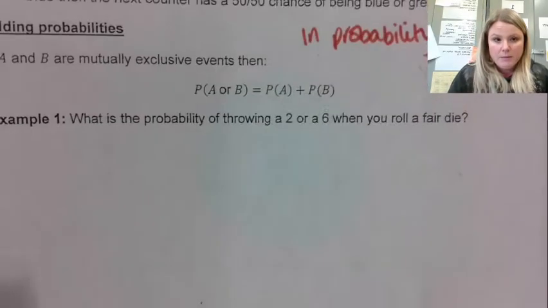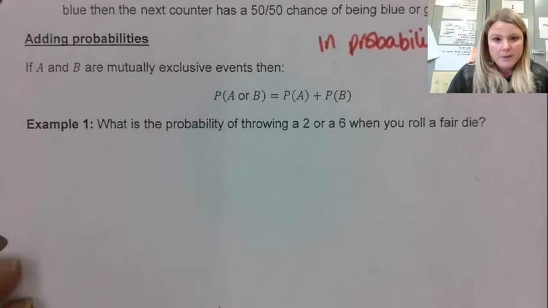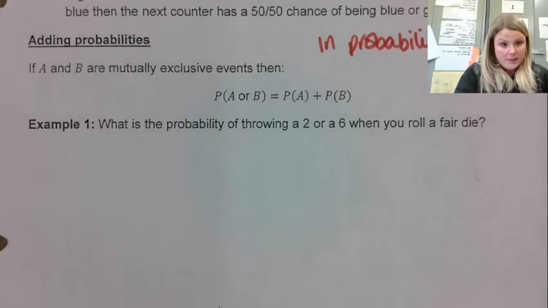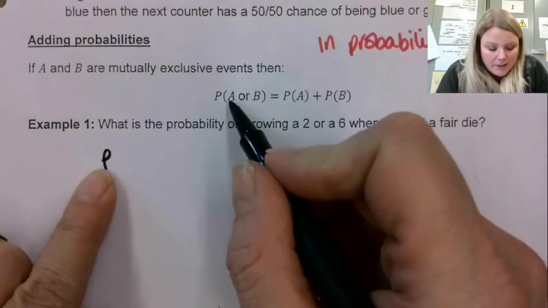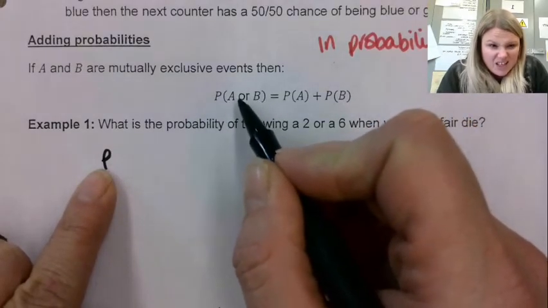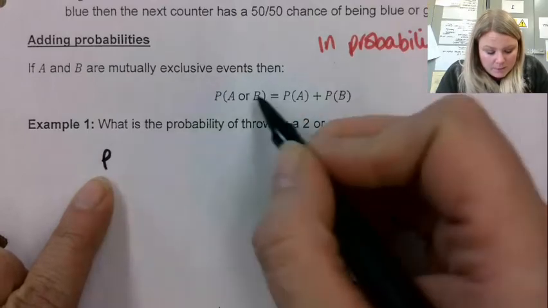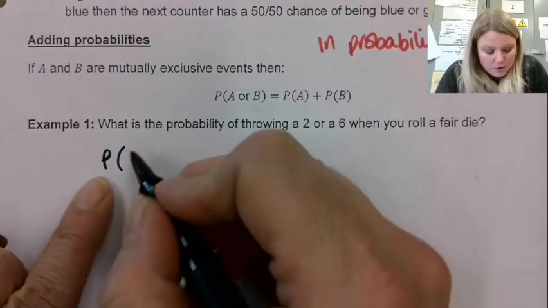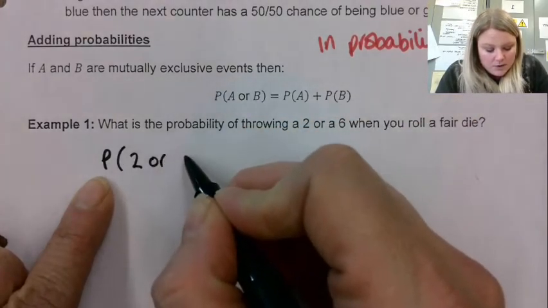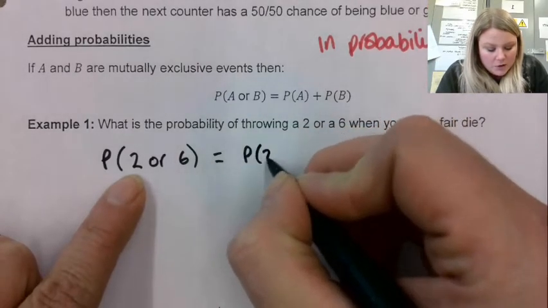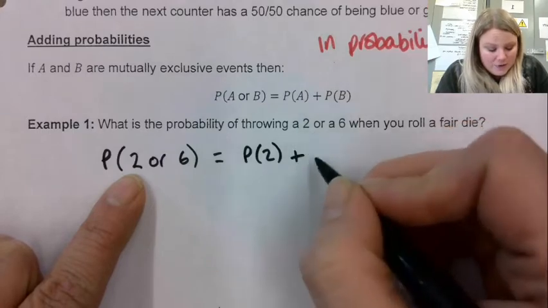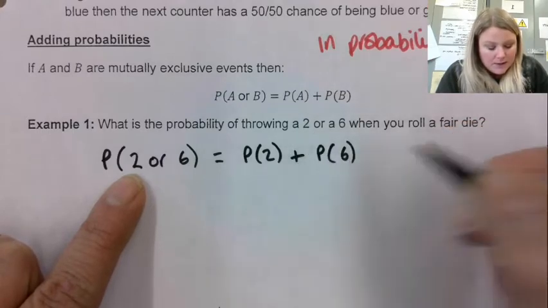So example 1. What is the probability of throwing a 2 or a 6 when you roll a fair dice? We would write the probability of A or B, like event A or event B, in brackets. The probability of a 2 or a 6 means we take the probability of getting a 2 and add it to the probability of getting a 6.